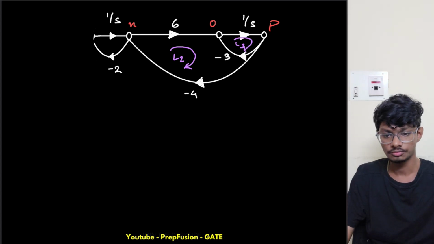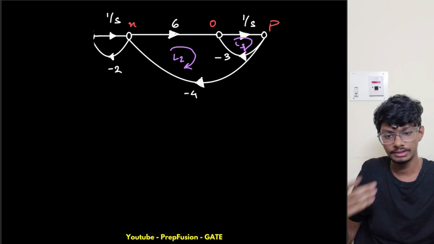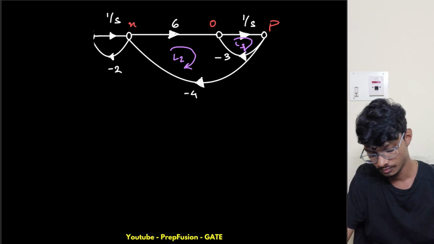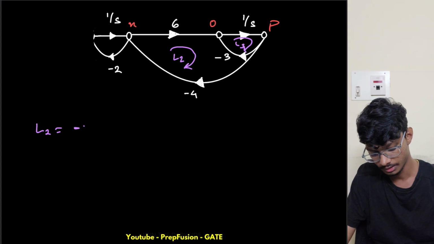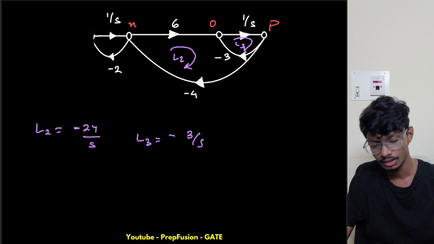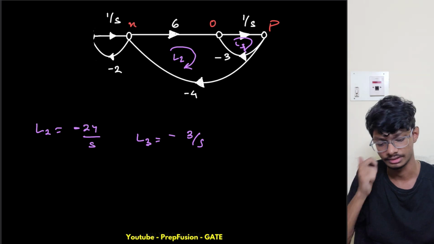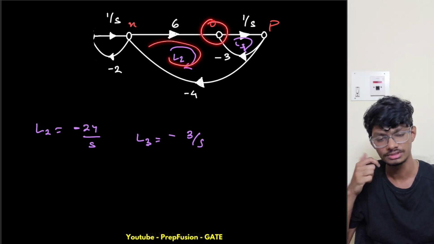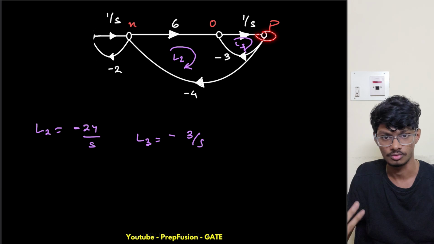Okay, we already know what is L2. So L2 is already minus 24 by s, and L3 is already minus 3 by s. Are they non-touching? No, they aren't non-touching, right? O is the common node, also P is also the common node.